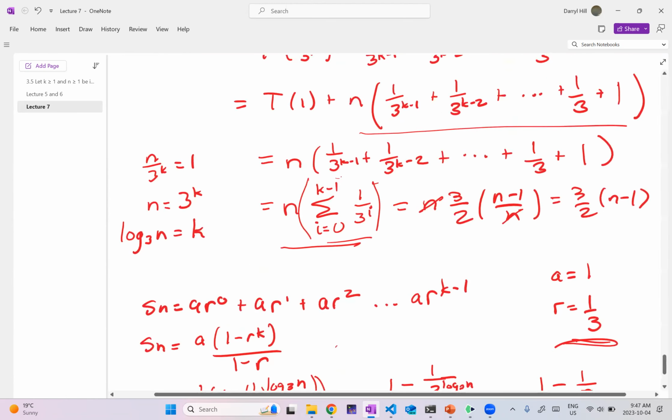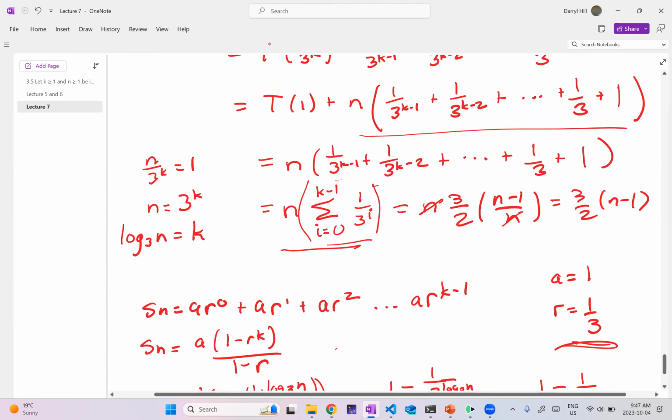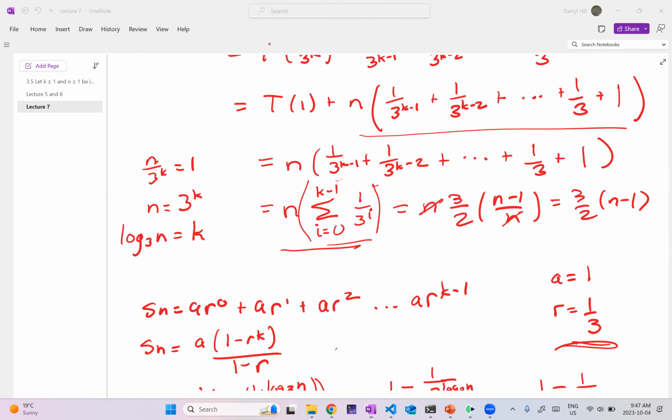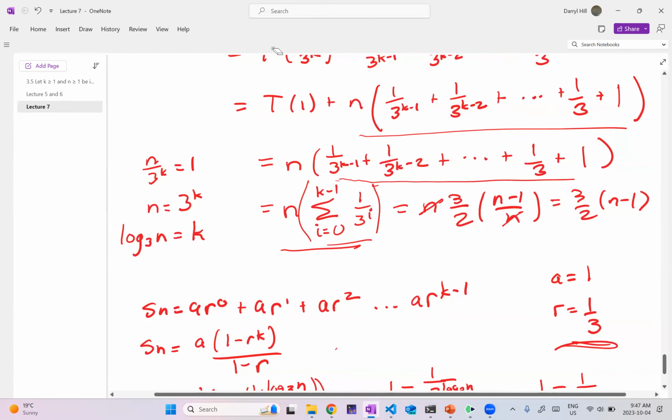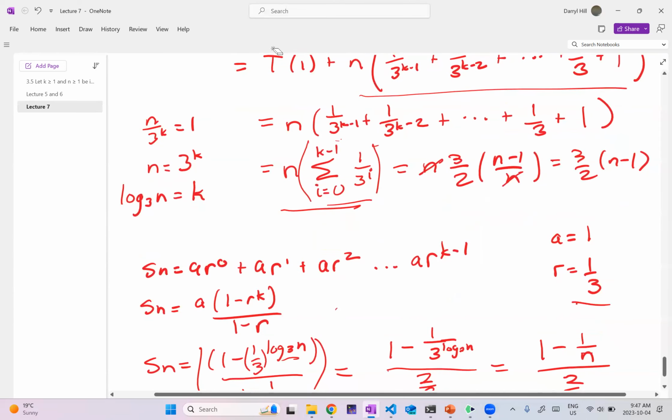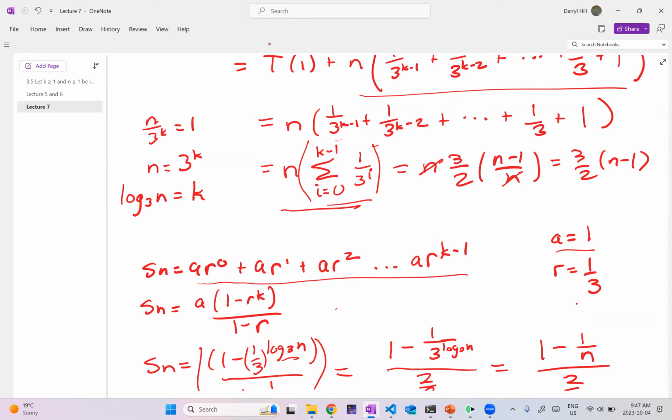So I just have this expression. I could have actually plugged n in for a if I wanted. That would also make sense. But I have a geometric series, and if I generalize a geometric series, then I have my starting term, which in this case is 1, or it could have been n.